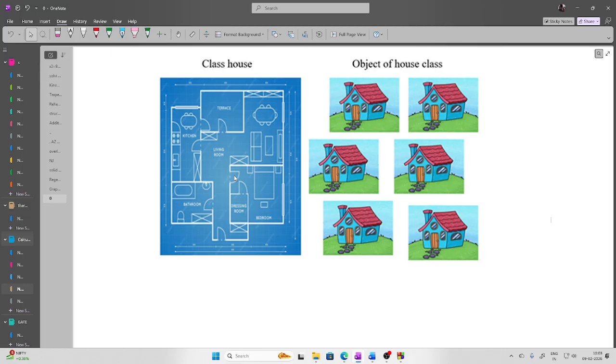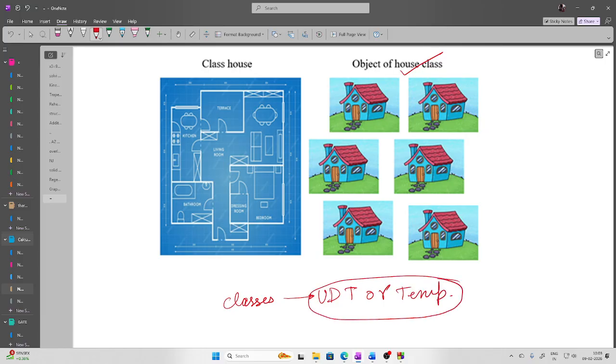But once a house is built on that blueprint, that thing is what we call an object. So classes are nothing but user defined data types, or simply templates, which don't require any space, and based on these templates objects are created.